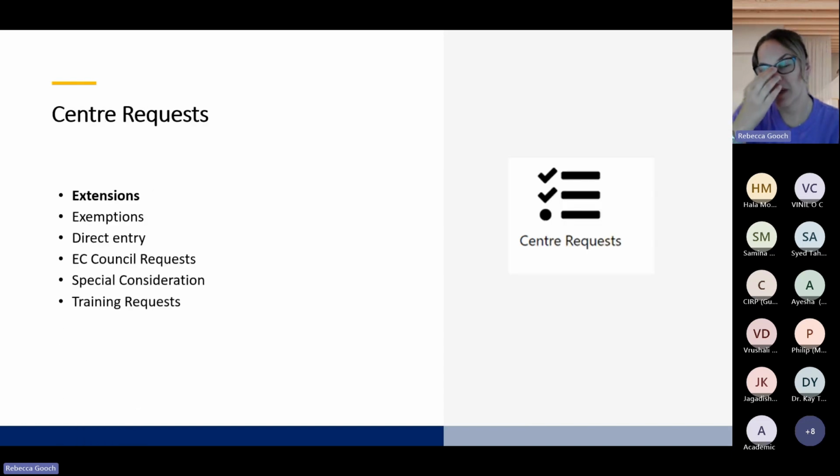Just a reminder with regards to extensions, it's really important, as I said previously, that you let us know as early as possible if there is going to be an issue with results submission or moderation, and that's from a centre perspective or individual student perspective. If you need to apply for exemptions or extensions or special consideration, that is completed through our centre request icon on the home page, and you will follow the steps and questions related to that centre request.